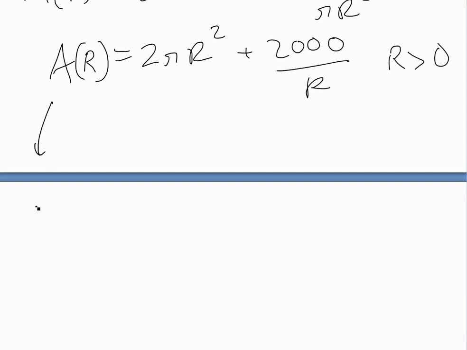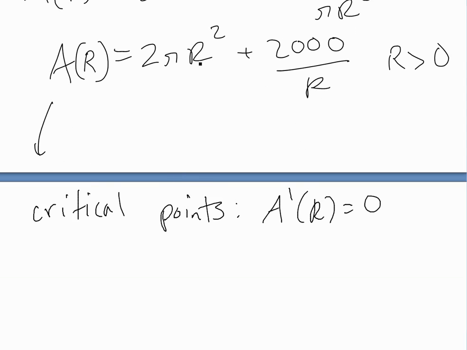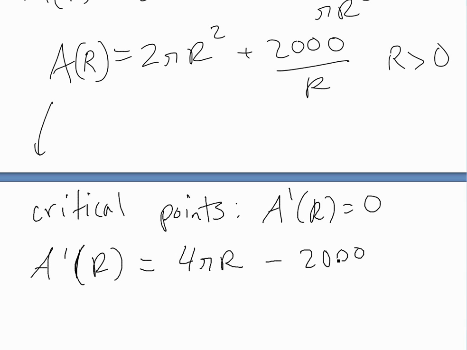A critical point is when the derivative is equal to 0. Let's solve for the derivative. The derivative with respect to r is 4 pi r, using the power rule, minus, using the power rule as well, negative 2,000 over r squared.